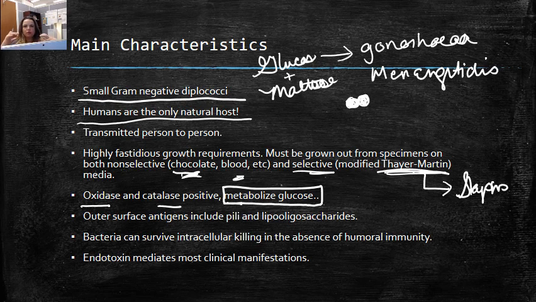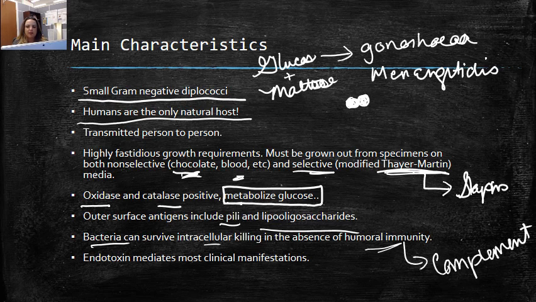There are some outer surface antigens, including pili and lipooligosaccharides. Those are actually kind of important in both the immune response and the immunopathogenesis of the organisms. The bacteria are able to survive intracellular killing in the absence of humoral immunity. So basically, when they're antibody tagged, then it's pretty helpful. And part of that actually has more to do with complement than it does with intracellular killing, and we'll talk about that in a minute, but it's catalase and oxidase positive.